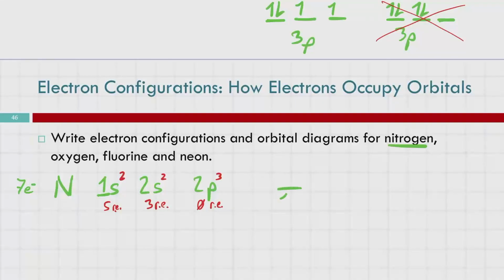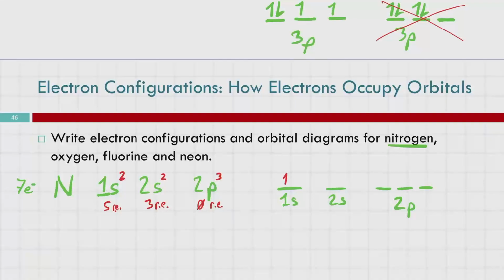So we've got our 1s, our 2s, and for our 2p, we've got now 3 boxes, because we've got 3 of the shapes. So we've got the 3 different peanut shapes or dumbbell shapes.